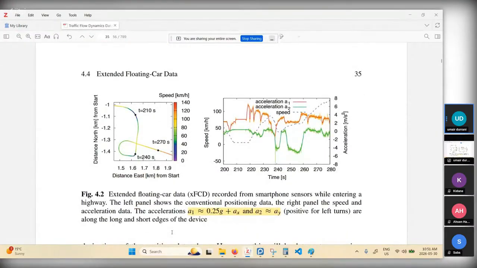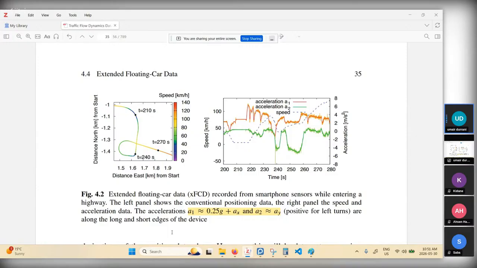Here's an example. We have two parts of this figure. On the left, if you look at the x-axis, this is the distance east from the start, and on the y-axis, it is a distance north. So northing and easting, these are geographical coordinates of the vehicle. And we also see colors for this trajectory, which indicate the speed of the vehicle.